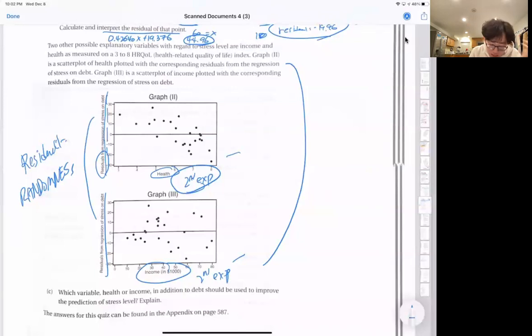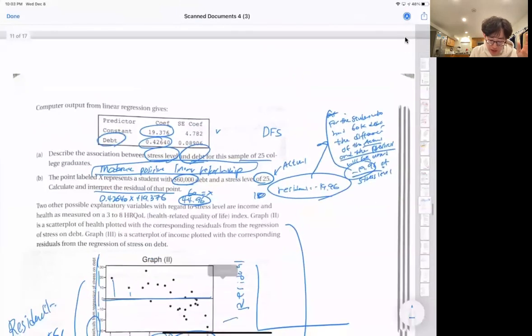So what that means is that originally the residual plot had residual on the y-axis, and your x should have been depth.